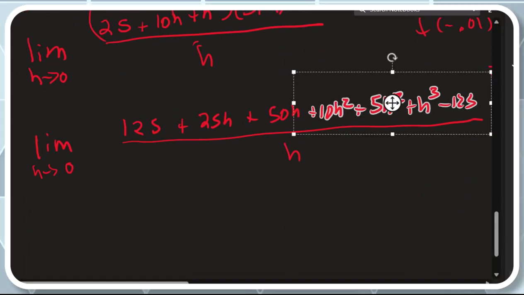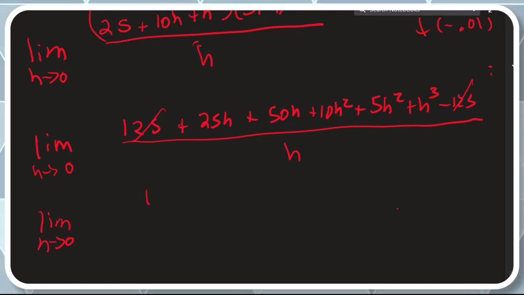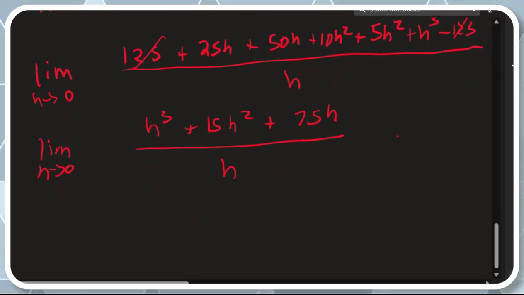And so the 125s cancel, and I have the limit as h approaches 0 of h cubed plus 15h squared plus 75h all over h, and then I can factor an h out of the top.